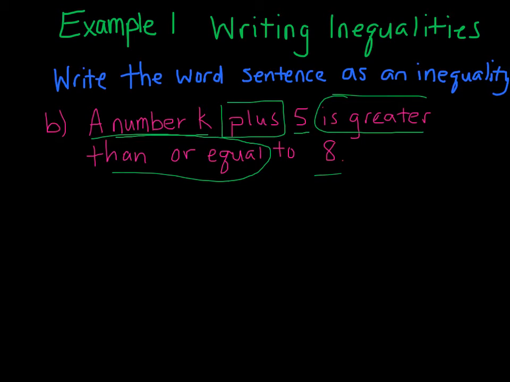So just looking at this, I would put K plus 5 is greater than or equal to 8. It looks exactly as it sounds. The biggest thing that you're going to have a challenge with is which symbol to use. So, like I said, memorizing what that table says, you'll be fine.